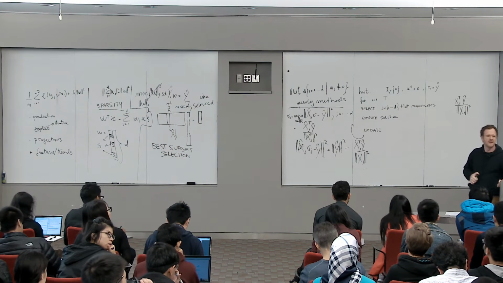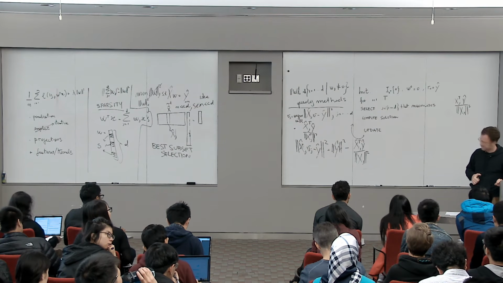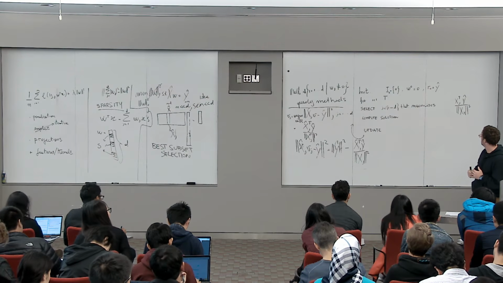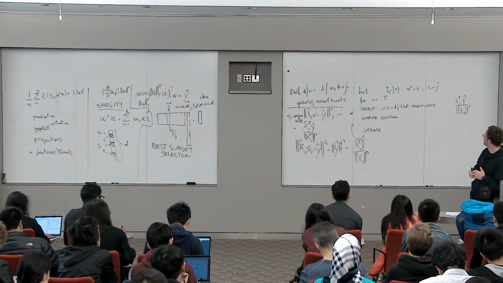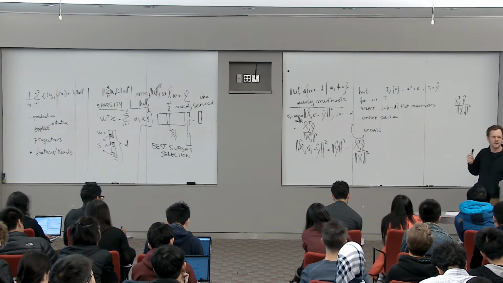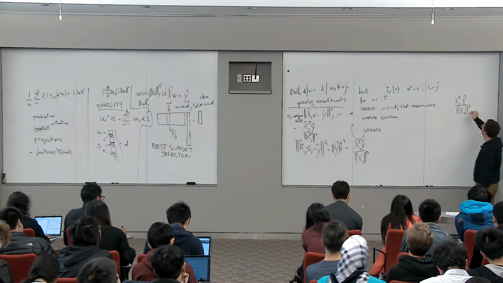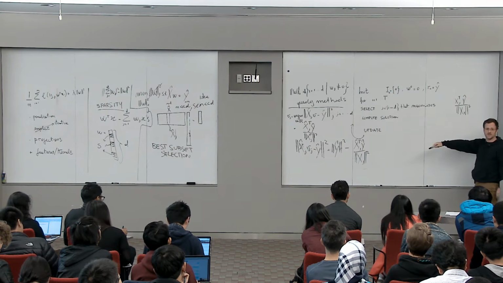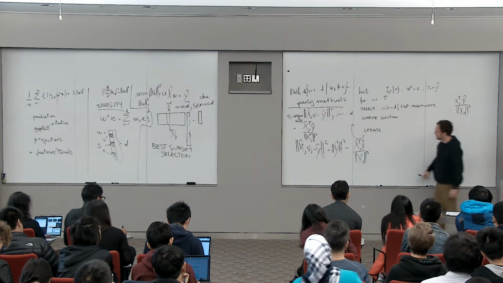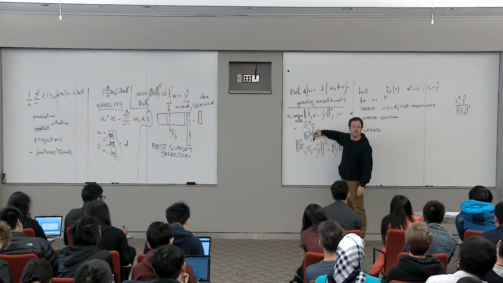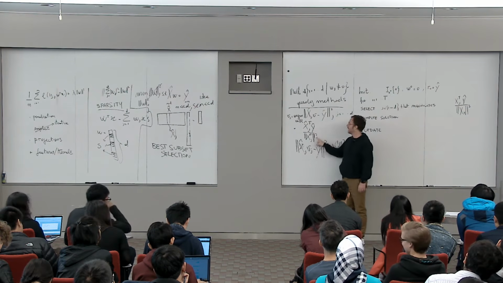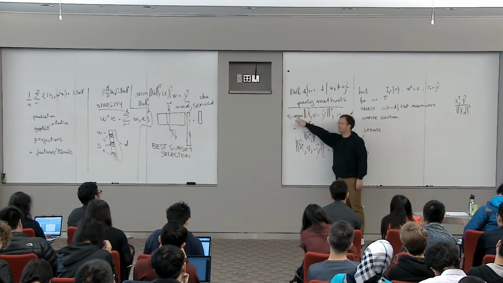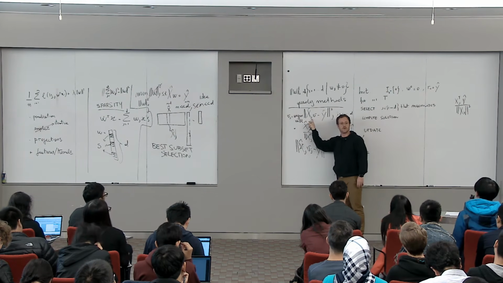Why is there a square? Because unless I made a mistake, there is a square. Because it's the square here. It comes from the fact that when you take the gradient, you get x transpose j that multiplies x transpose.